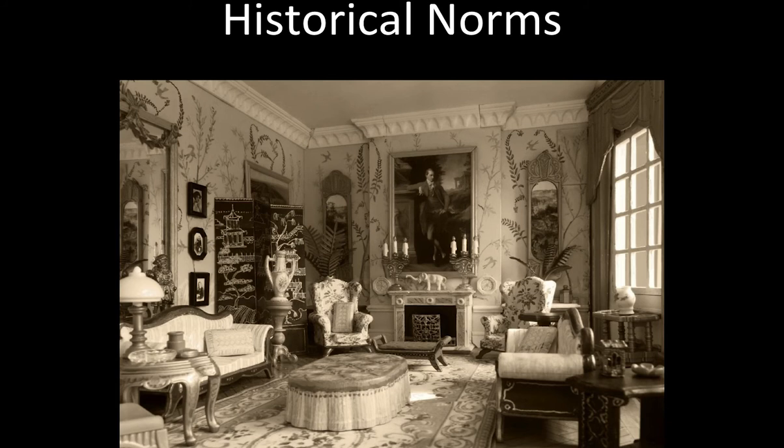This is a room done in the Victorian style, and you can tell by the height of the room, the heaviness of the curtains, the size and weight of the crown molding and the way that it's carved, and then the celebration of all of the natural textures and exotic locations.